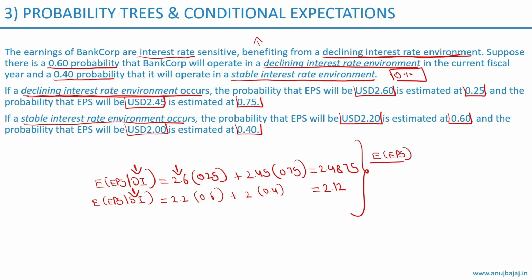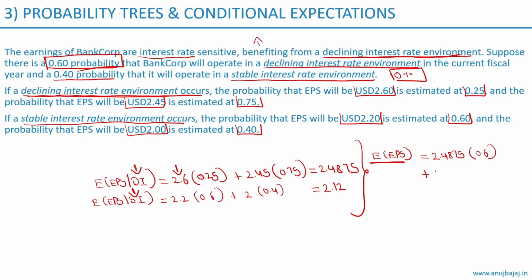This is the unconditional expected value, which equals the expected earnings per share if we are operating in a declining interest rate environment, which is 2.4875, multiplied by the probability that the bank corp will operate in a declining interest rate environment, which is 60%. You can refer to it here.